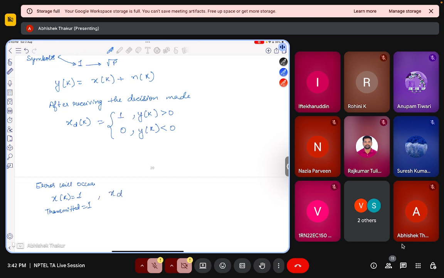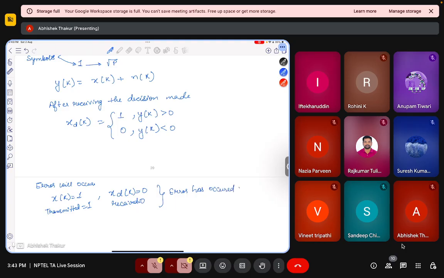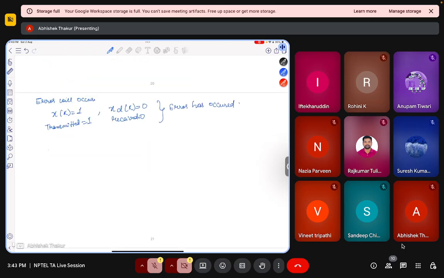In a similar way, when Xk is equal to 0, because the transmitted symbol is 0, and the decision made is 1, so received is 1, here again error has occurred.